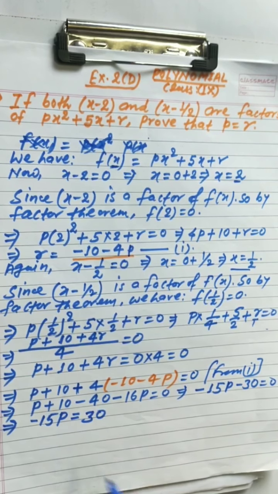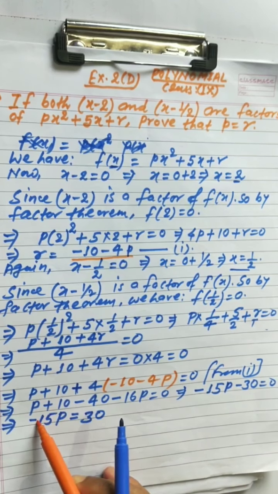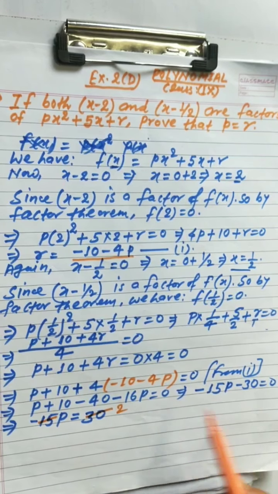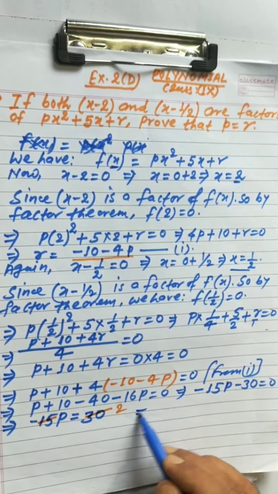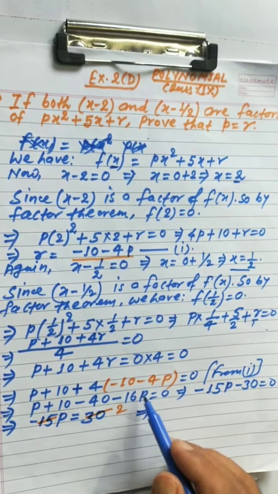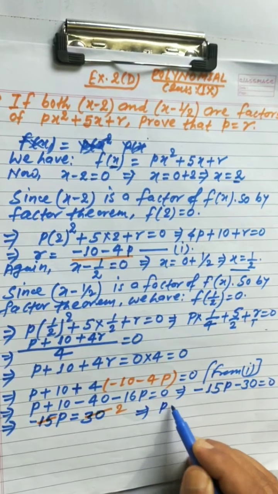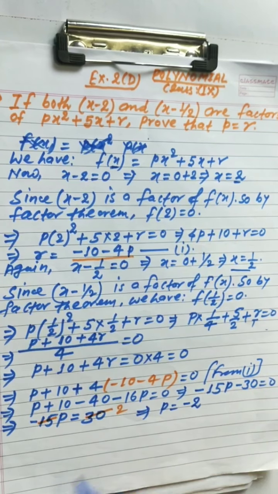This implies that minus 15p will be equal to 30. Now it can be cancelled by 2. So transfer this minus sign to RHS. So p will be equal to minus 2.